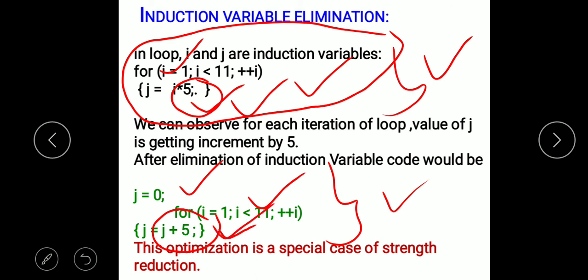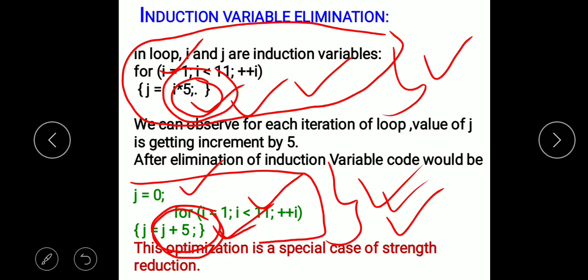So when we eliminate the induction variable, we can write code in such a way that this multiplication can be changed into addition. Again, after code optimization, the meaning of the source code shouldn't be changed.